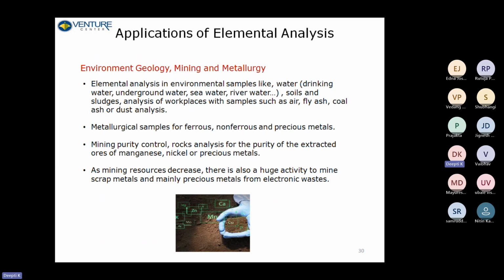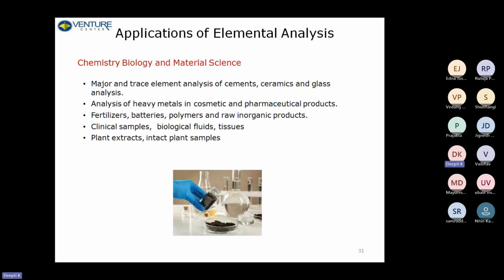For environmental and geological applications, from drinking water to fly ash, coal determinations, elemental composition in purity assessment of certain geological samples. For dating, ICP can be used to determine the age of a particular meteorite, for example, and so on.